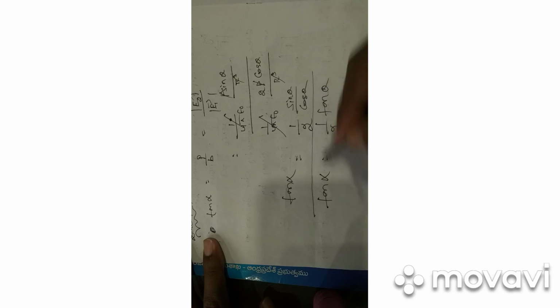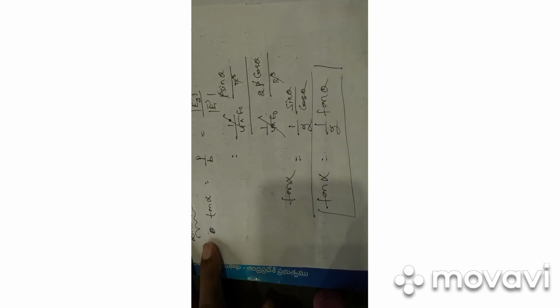So this is the direction of the net electric field intensity at any point due to an electric dipole.